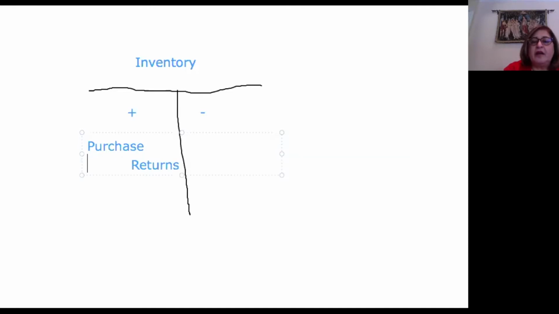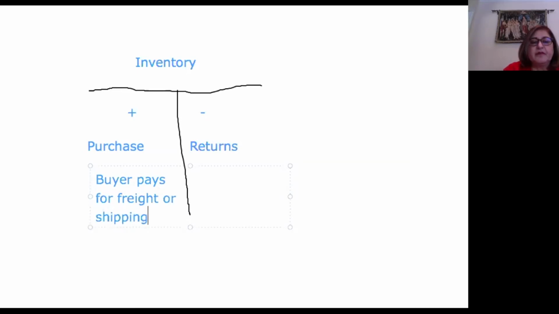Then what else increases inventory? If we are a buyer and pay for freight, the shipping cost. Freight or shipping costs are the same. That will increase your inventory.